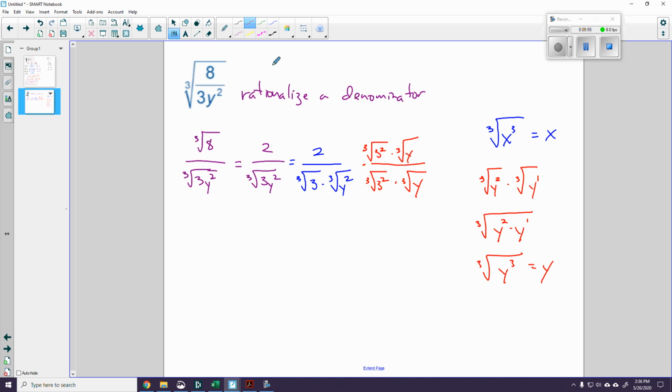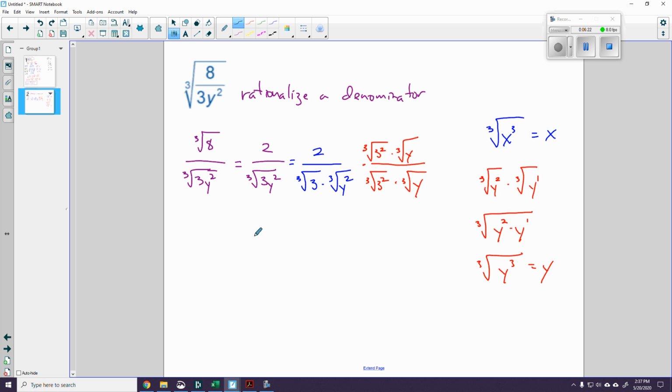And if you look at it arithmetically, I'm multiplying this blue piece here times this red piece here, and this red piece is just one thing divided by itself, so that's 1. And we know we can multiply anything times 1 and not have it change the thing at all. We're just changing the way it looks.